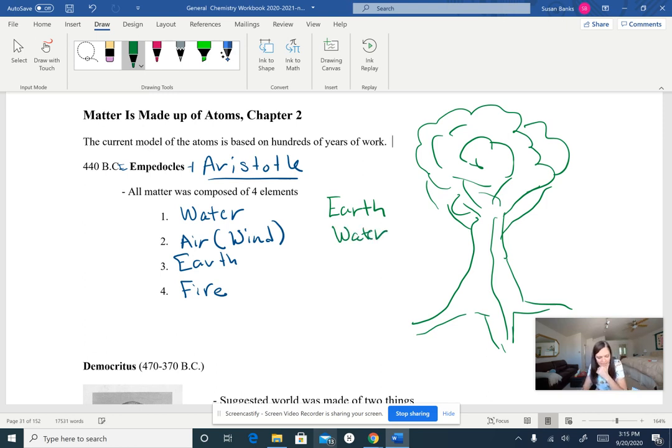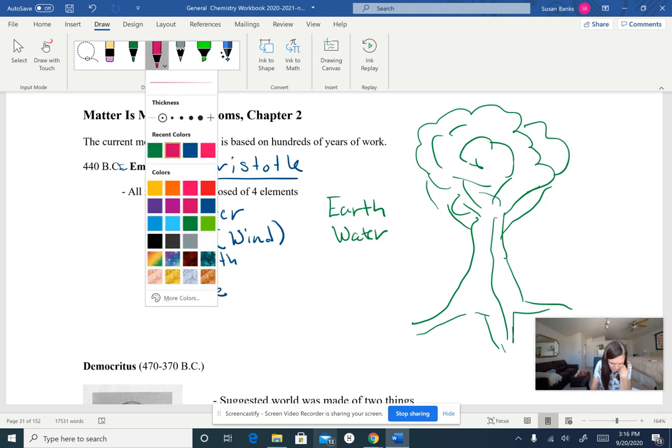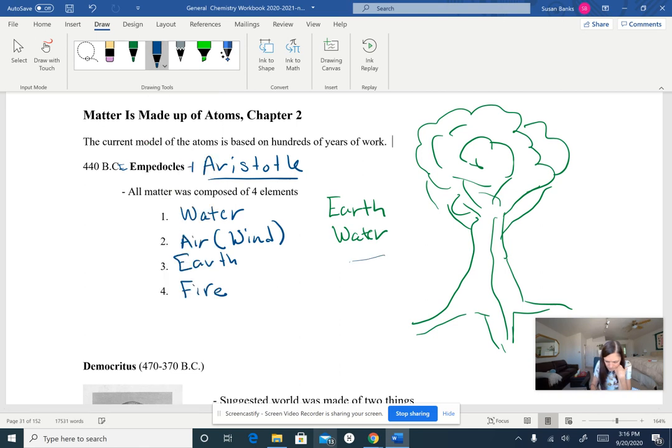Okay? And then, when we took the tree and we chopped it down to make wood, I don't know if I can get a brown color here. Do I have more colors? I don't have brown. Okay, well, we'll just have to stick with blue. So if I chop this tree down and I make a little thing of wood, and I put that wood on a fire, I put logs on a fire and create a fire.